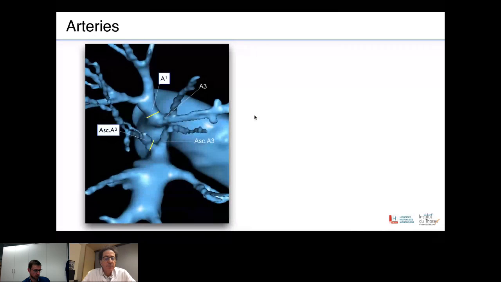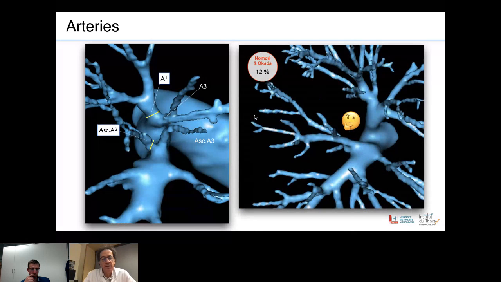This is the usual arterial pattern that you know, A1, ascending A2, and sometimes you don't have any A2 in the fissure, and it's very nice to see it before, so it saves you from searching for 20 minutes for this ascending A2. Sometimes it simply doesn't exist.